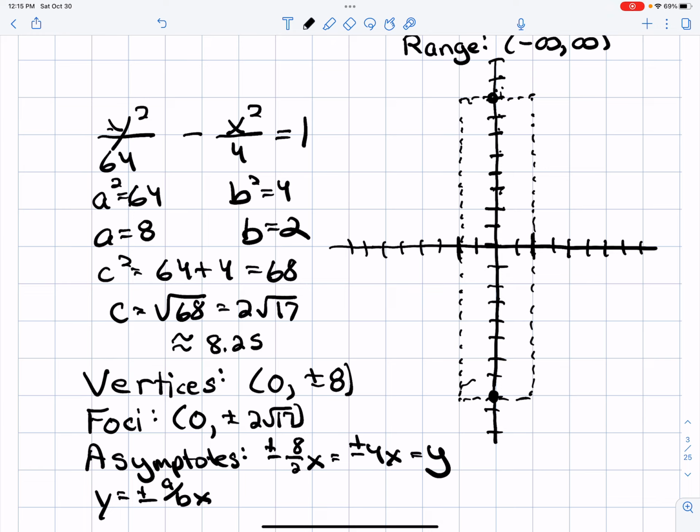Rise over run. So, you know, up 4 over 1, up 4 over 1. Or down 4, left 1, down 4, left 1. You end up there. So one of the asymptotes is here. And then the other direction is negative.